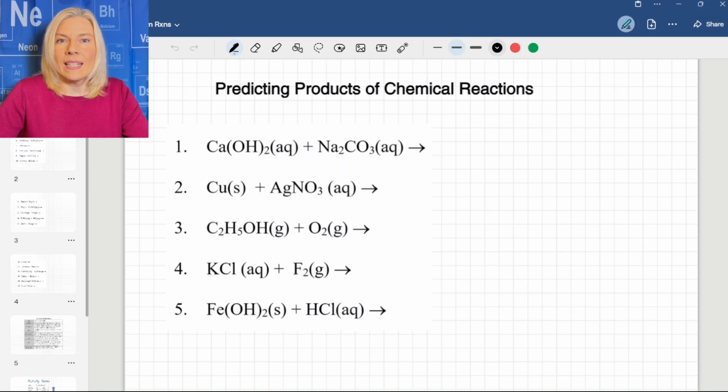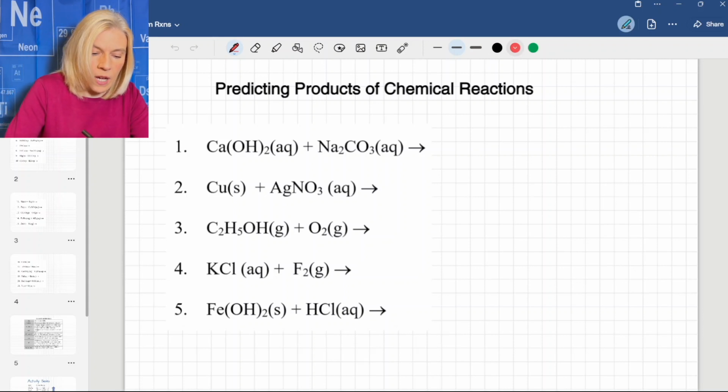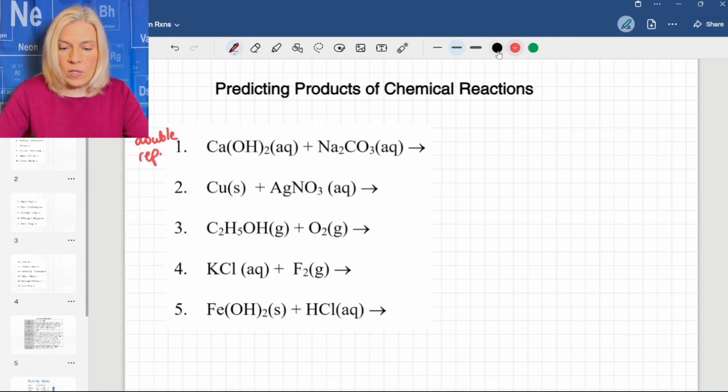Let's look at our reactants and what type of reaction it might be, where we have an ionic compound reacting with another ionic compound. So this one is my double replacement reaction. And it is not redox.